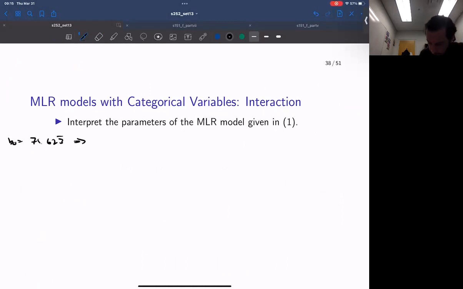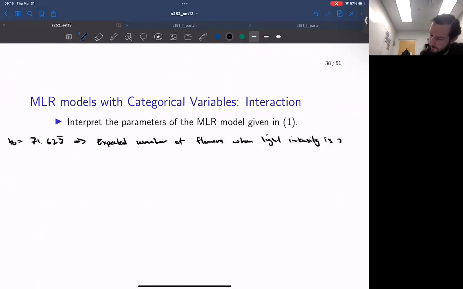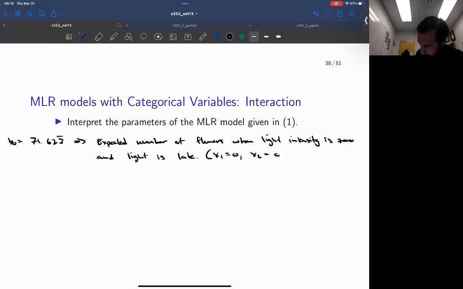Okay, so this is expected number of flowers when light intensity is 0 and light is late. Okay, so that is x1 equals 0, x2 equals 0.